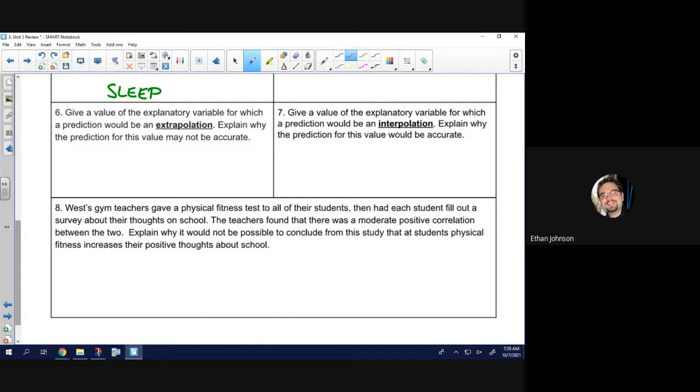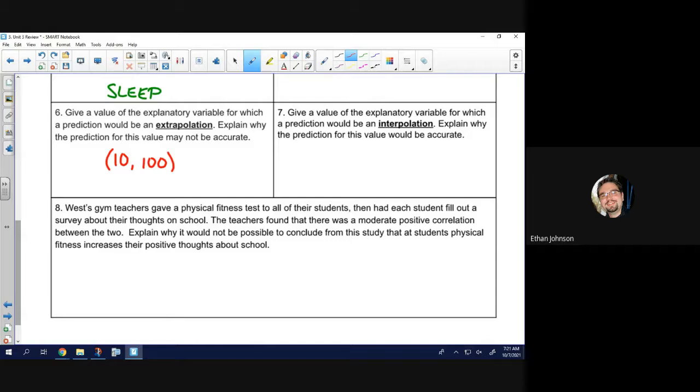So for example, for an extrapolation, I could say they studied for 10 hours and they got 100%. So there would be an extrapolation, and extrapolations are never accurate because we don't know, outside of what the data looks like, what happens.